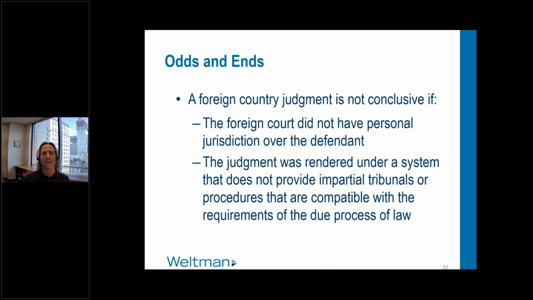And while there's not a list of countries that provide impartial tribunals, I think we have a good idea of which countries do not. And so I understand why we're not going to recognize judgments from certain countries where due process rights are very, very limited. I think that's extremely fair. So that's how we're going to end things.